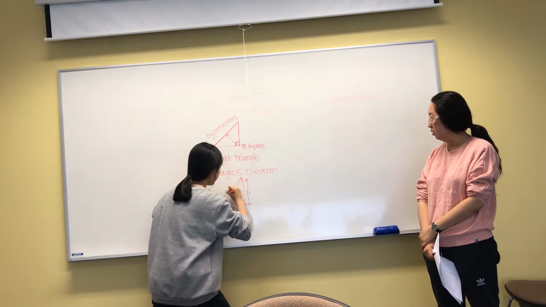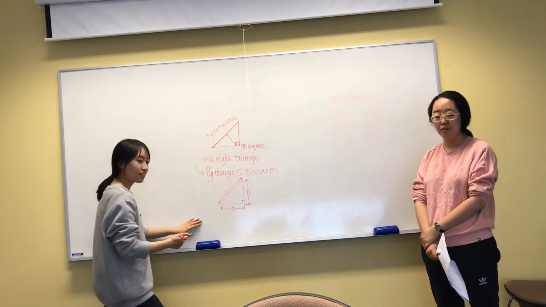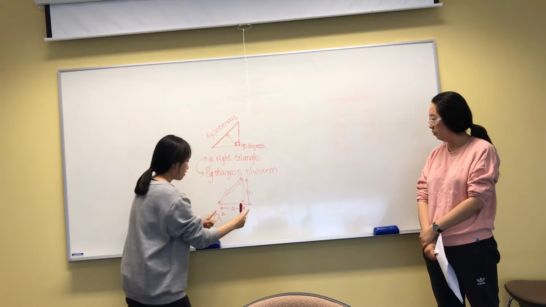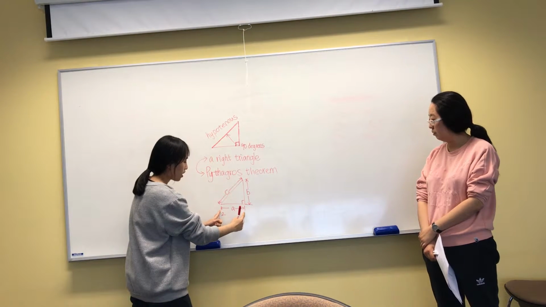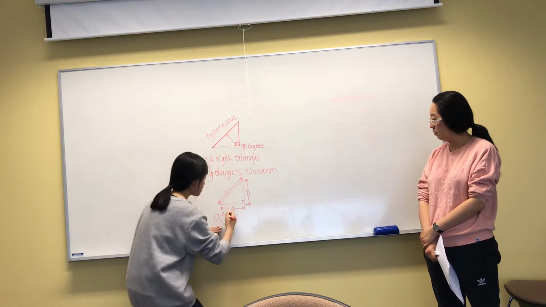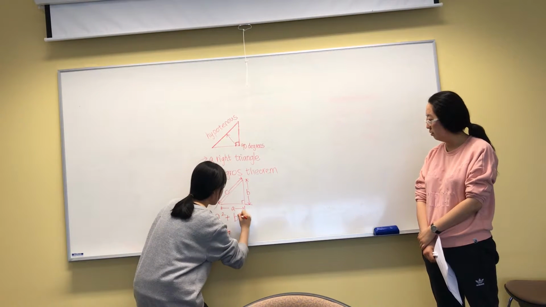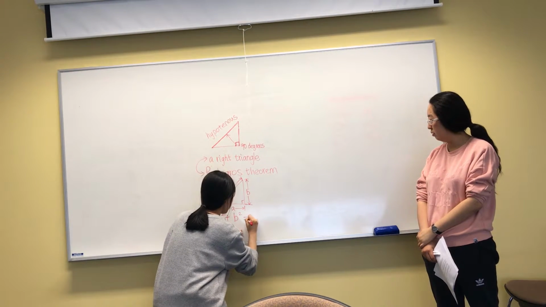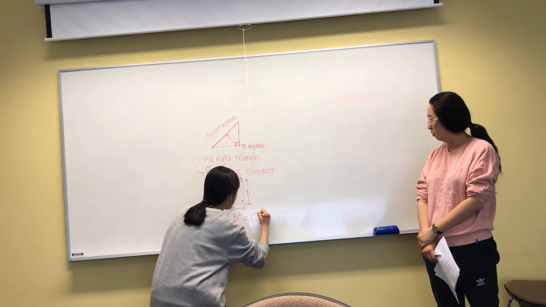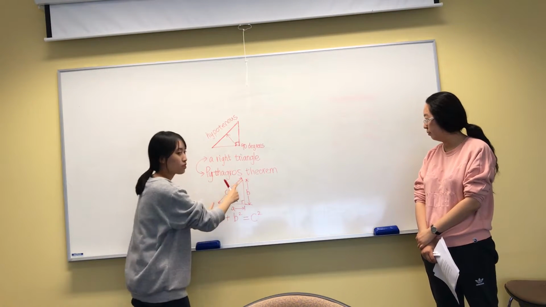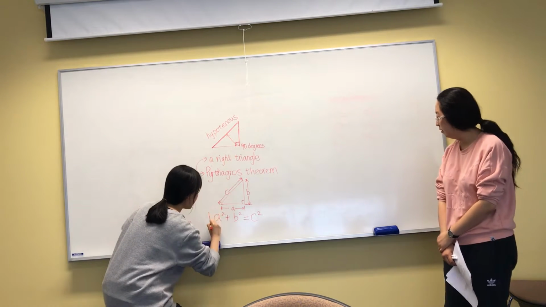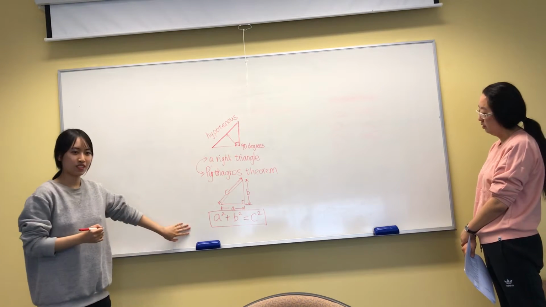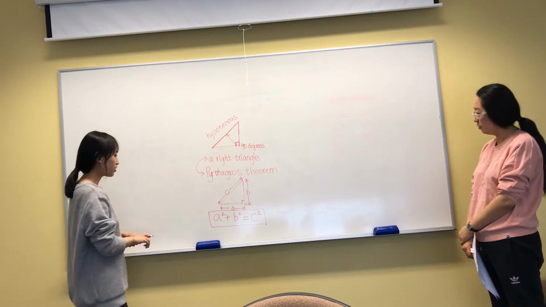It is C. So, yes, very good. Pythagoras theorem is: one of the shorter sides squared plus the other shorter side squared equals the hypotenuse squared. And this is what we call Pythagoras theorem. You got it? Yeah, very good.